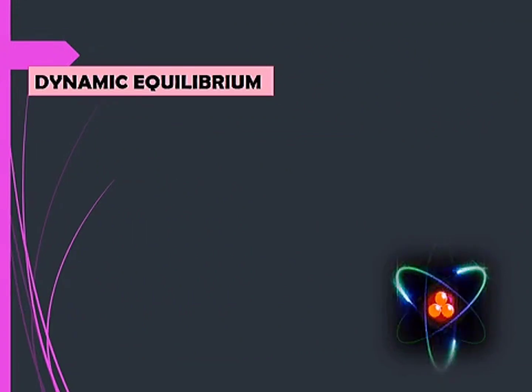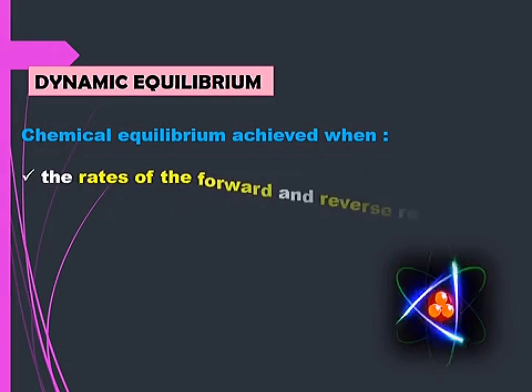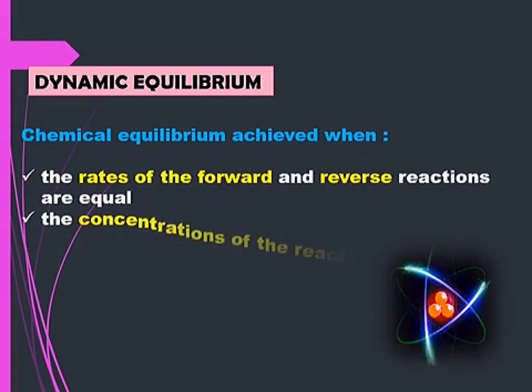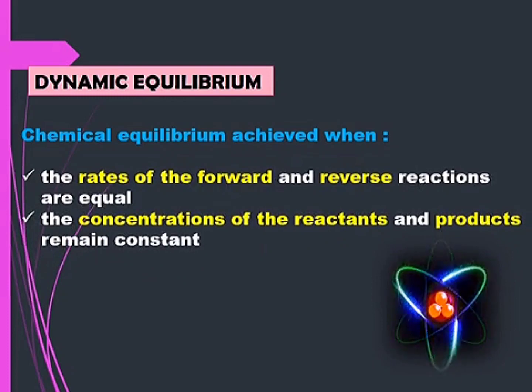Okay, what is dynamic equilibrium? Okay, so dynamic equilibrium ada karakteristik yang dia tersendiri. So ada dua karakteristik that you need to know. Alright? So the first characteristic is chemical equilibrium achieved when the rate of forward and reverse reaction are equal. And number two, the concentration of reactant and product remain constant.